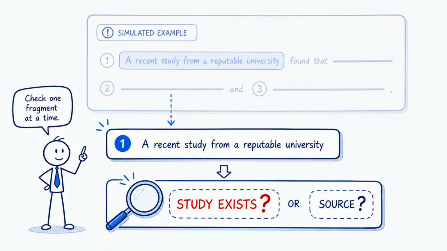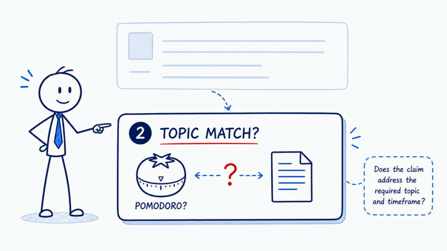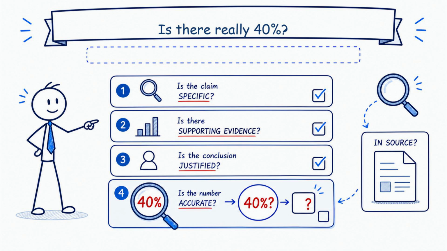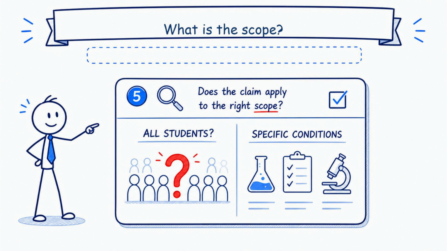First, does this study from a well-known university actually exist? Second, was the study actually about the Pomodoro technique? Third, did the original source use the word prove? Fourth, did it really mention a 40% improvement?